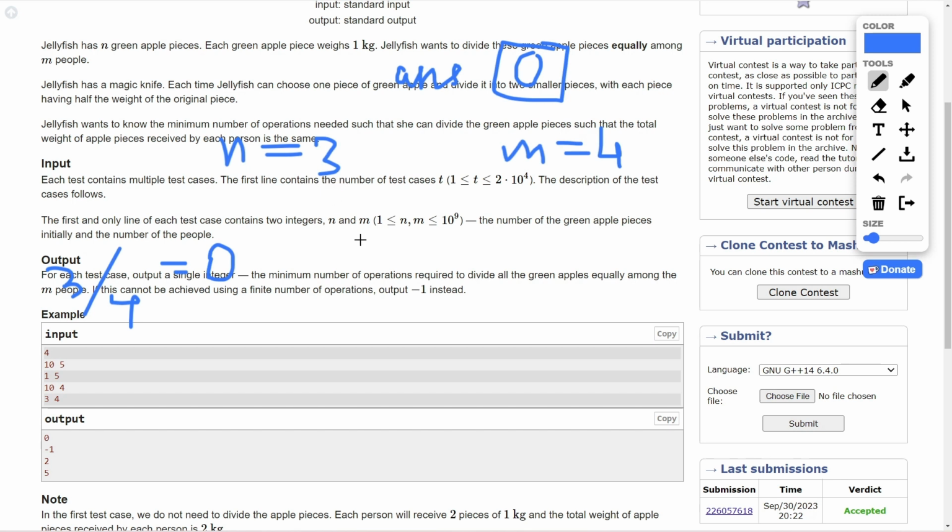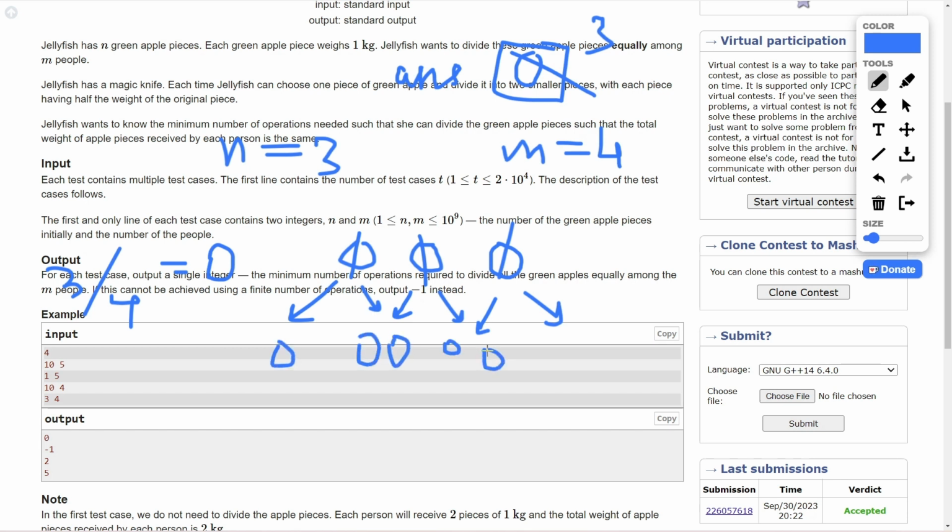What we will do is, we have 3 apples. We will divide all the 3 apples, which means we are performing 3 operations, right? 1, 2, 3. So we have added 3 to our answer. Now we got 6 pieces.